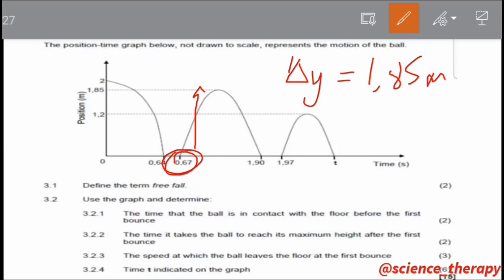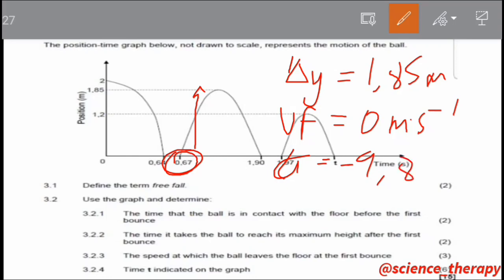What else do we have? We also know that at the maximum height, our velocity is 0 meters per second, right? Remember, that's where the ball stops momentarily. Then we have our a. Remember, upward has been taken as positive, so that's going to be negative 9.8 meters per second squared, right? And then what don't we have? We don't have vi, which is what we are looking for, the speed at which the ball leaves the floor at the first bounce.